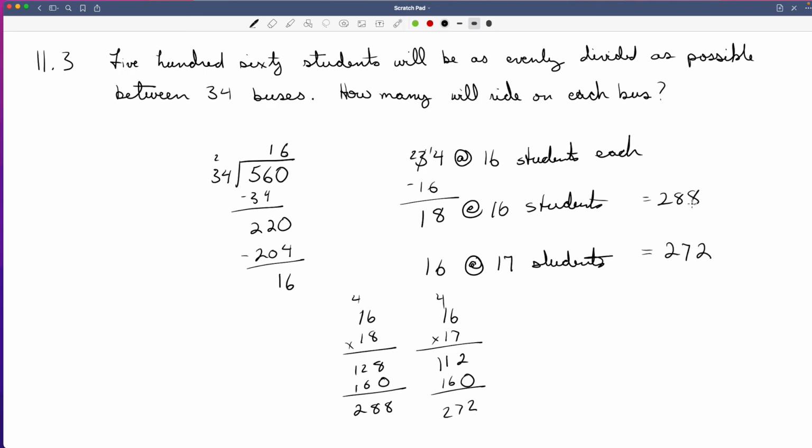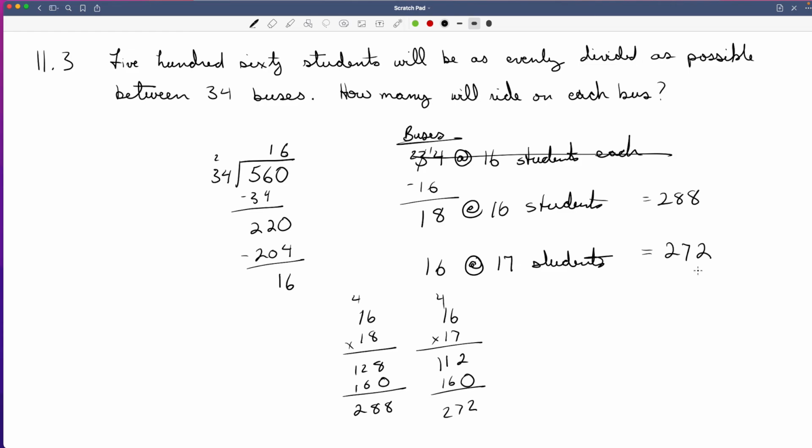And if you look at those numbers, those are pretty close, right? So 18 buses at 16 students is 288 students. 16 of the buses at 17 students is 272 students.